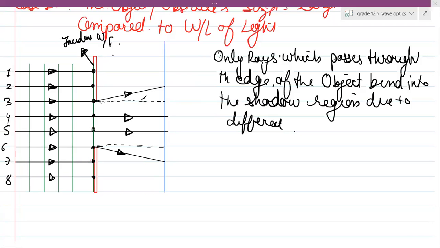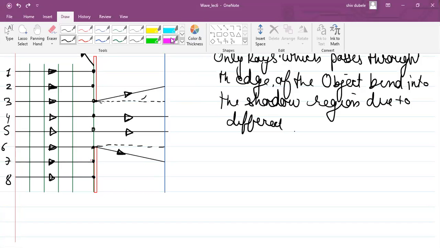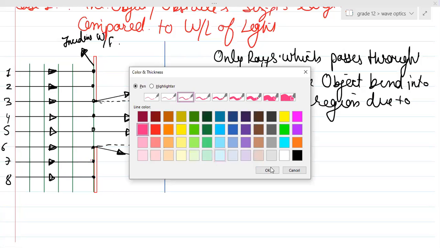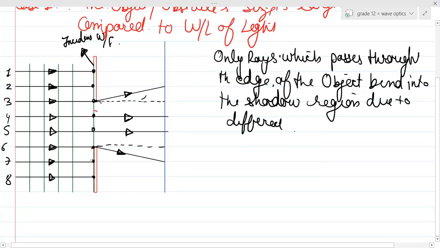Let me draw them with some other color. Which color shall I choose? Let's choose pink. So these wavelets, can you see? These are the secondary wavelets produced by this source.